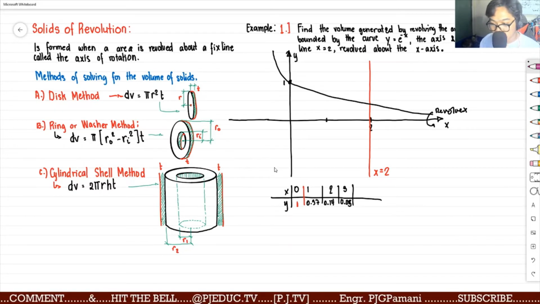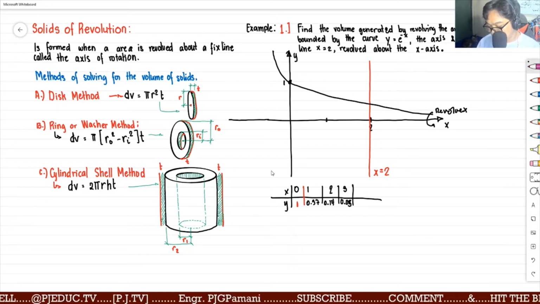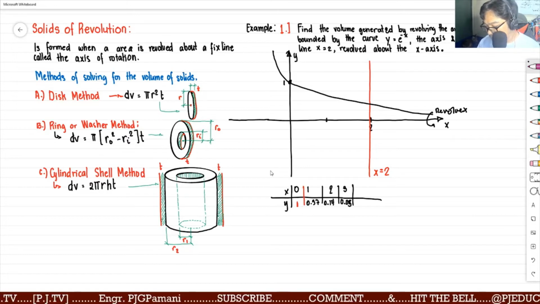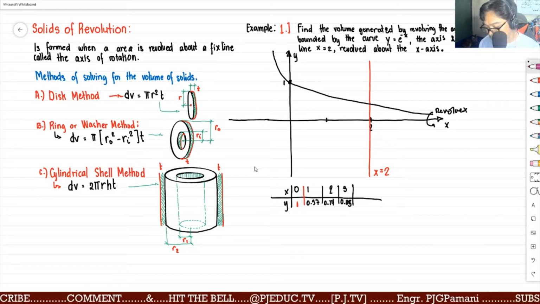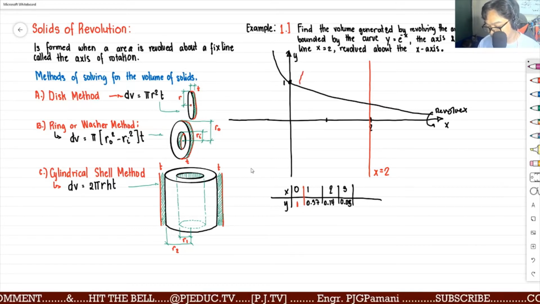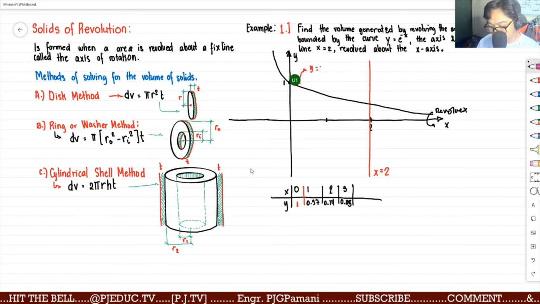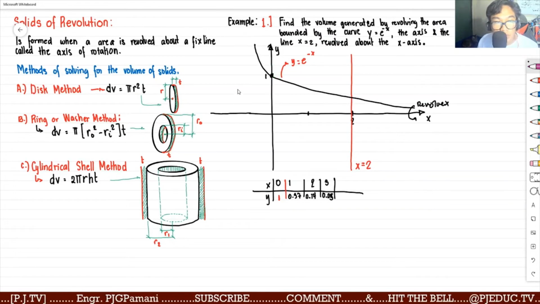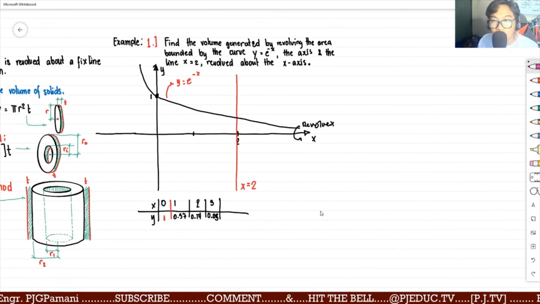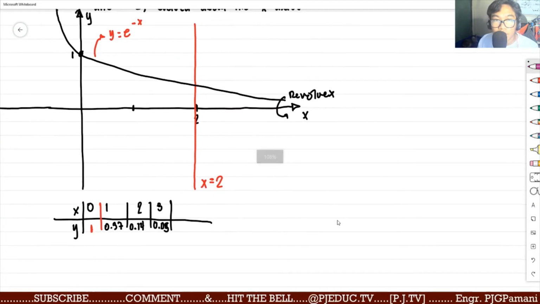Okay? So this is now our curve. Our curve is simply identified as y equal to e raised to negative x. Again, this is our exponential curve.